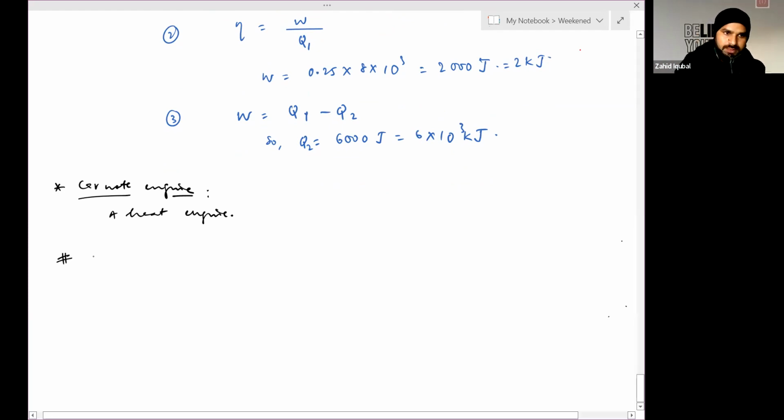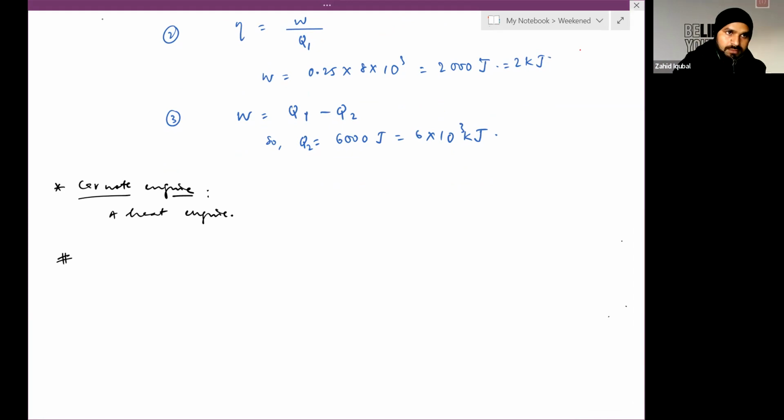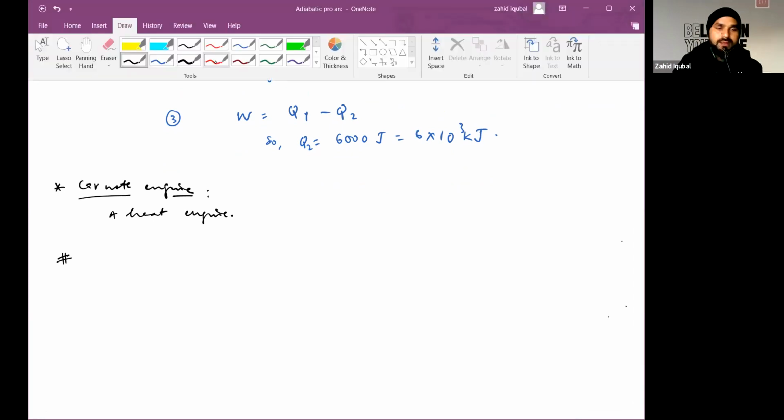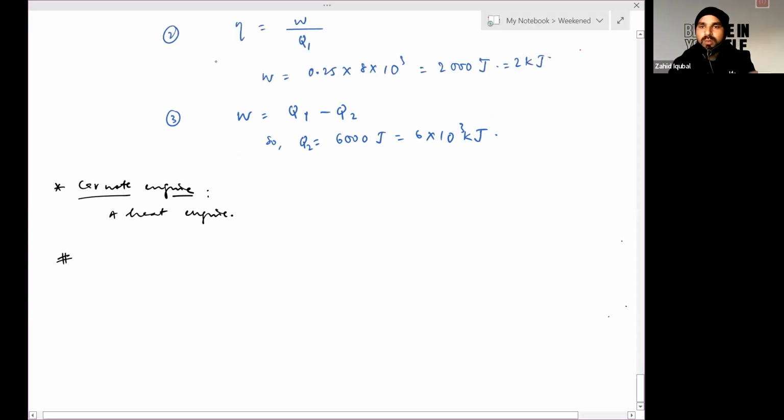So you'll say if there are two heat engines, one working in a reversible process and the other in an irreversible process, and they work between the same source and same sink, the reversible heat engine will always have greater efficiency as compared to the irreversible heat engine.